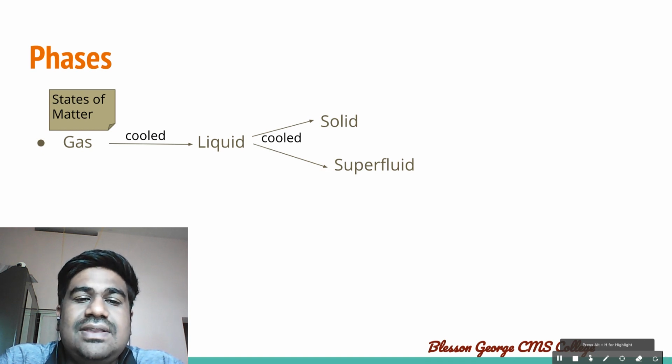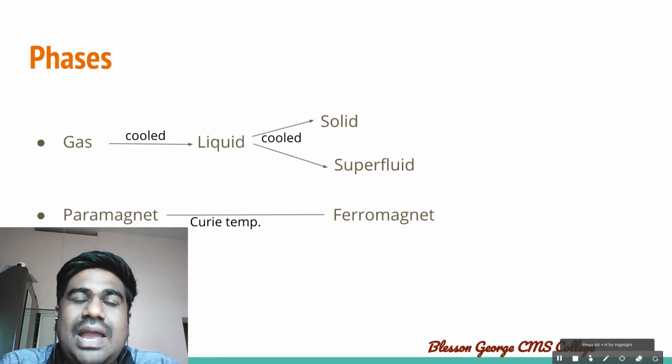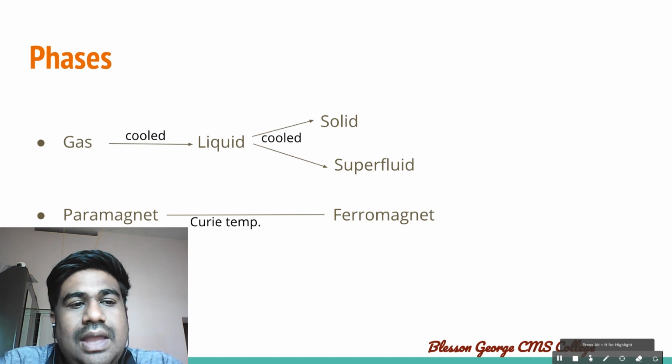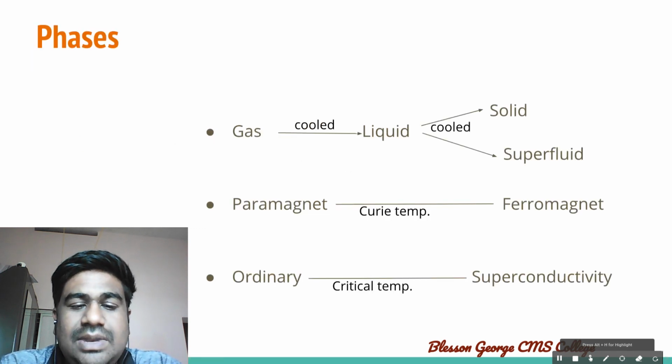They are different phases. Similarly, if you consider a magnetic material, there are paramagnetic and ferromagnetic materials. They change their magnetic properties at the Curie temperature, and these are different phases. Similarly, we know a superconducting material.